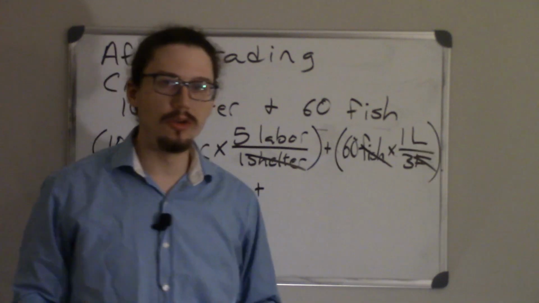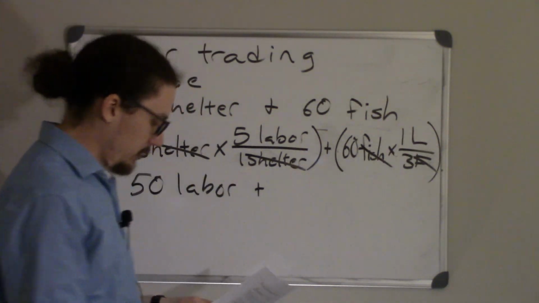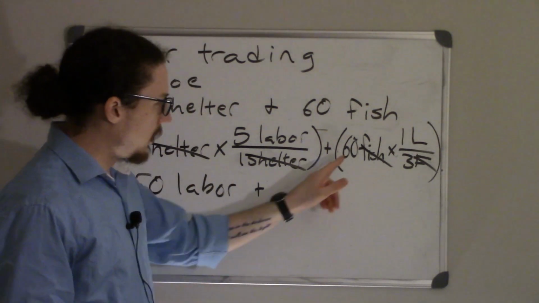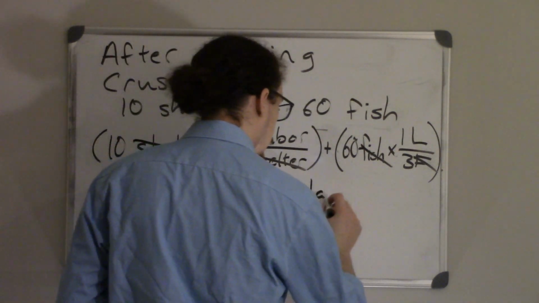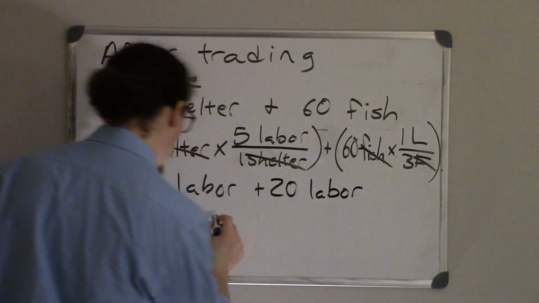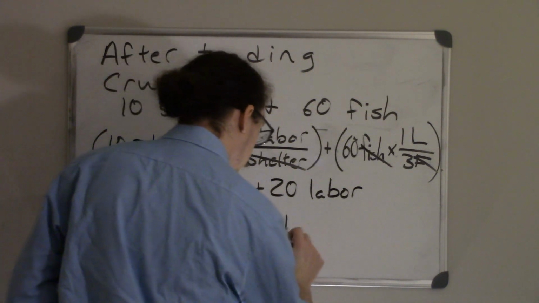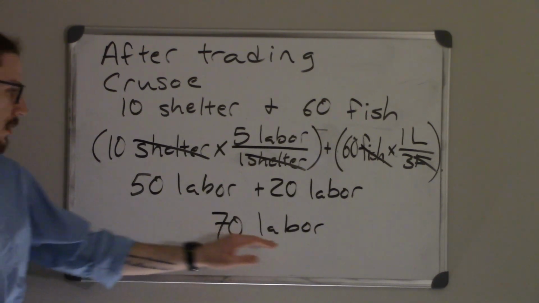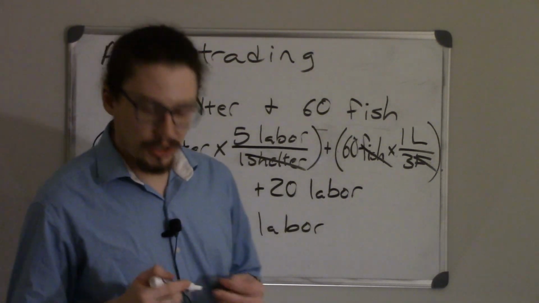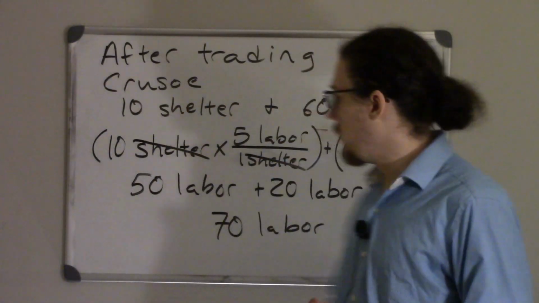plus 60 fish times 1 labor over 3 fish, again coming from those production capabilities. The units of fish drop out, and we are left with 60 divided by 3, so 20 labor, and we wind up with 70 labor.